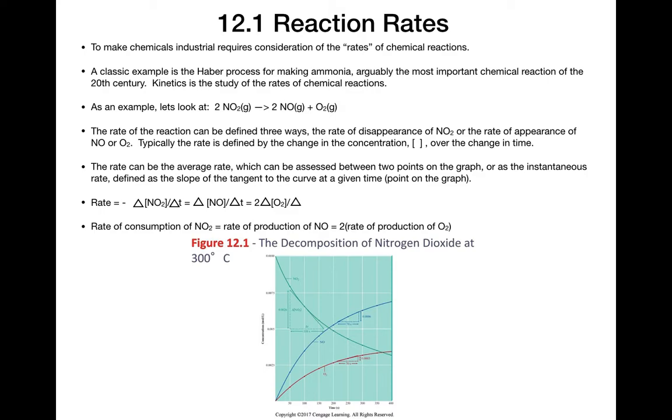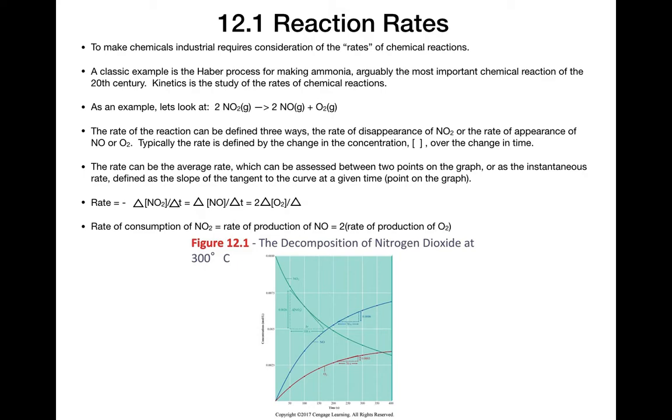Without ammonia, you can't grow the amount of corn and other crops that are needed to support the high level of population that people have grown to in the 20th century. And so the production of ammonia industrially really has avoided the starvation of the people on the planet.